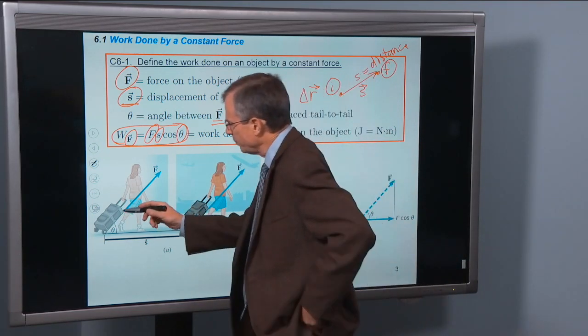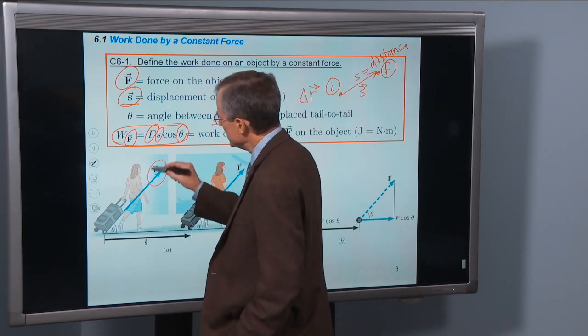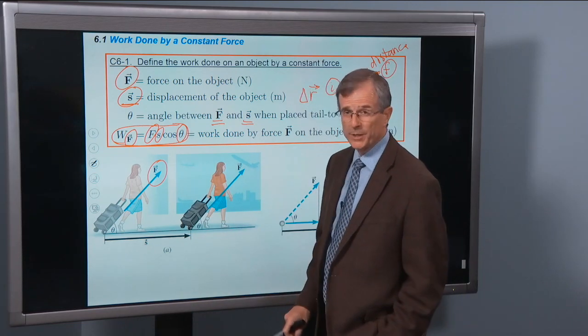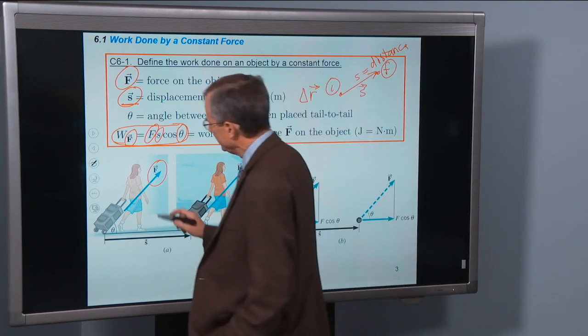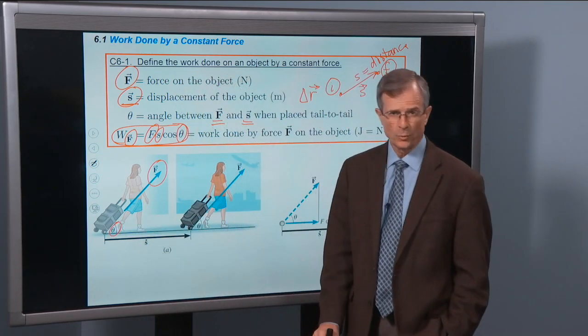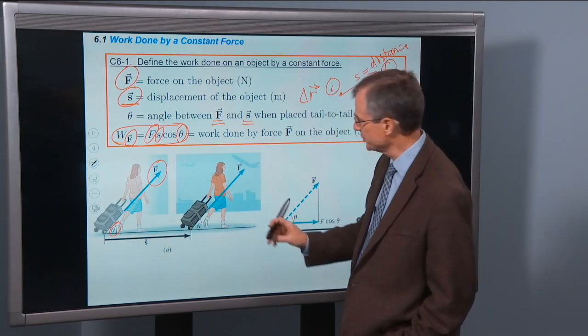Let's do an example. So this woman is pulling her luggage by its handle. The force that she's exerting on that handle is in the direction shown, and that force makes an angle of theta with the floor. It's directed at an angle theta above the horizontal direction.